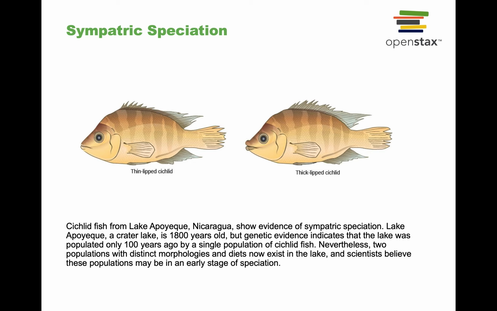Because they lived in different parts of the lake, they adapted to their new environment, and they developed new characteristics, which you can see in their new types of lips. And this is considered to be an early stage of speciation.